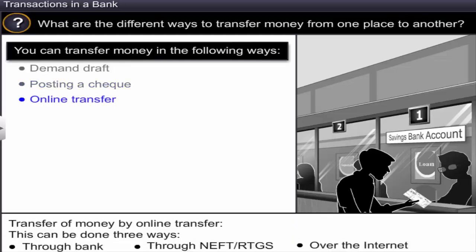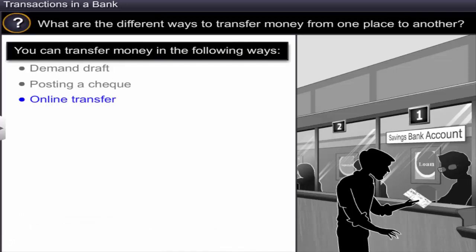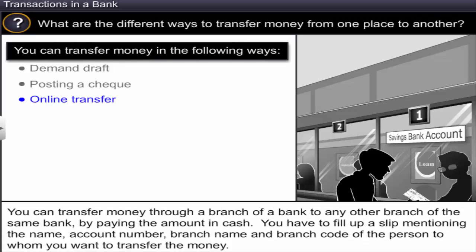Money can be transferred online too. This can be done in 3 ways: through bank, through NEFT or RTGS, and over the internet. You can transfer money through a branch of a bank to any other branch of the same bank by paying the amount in cash.